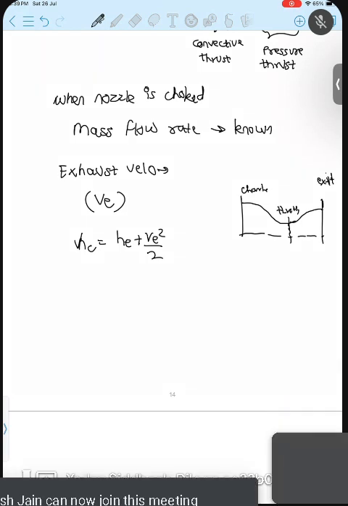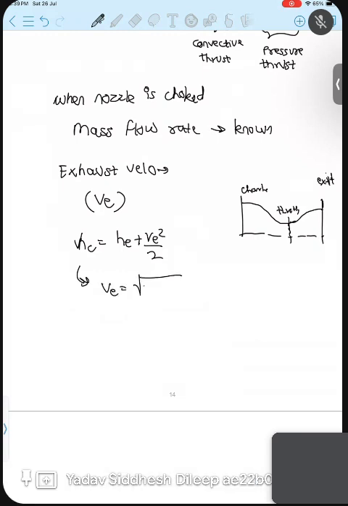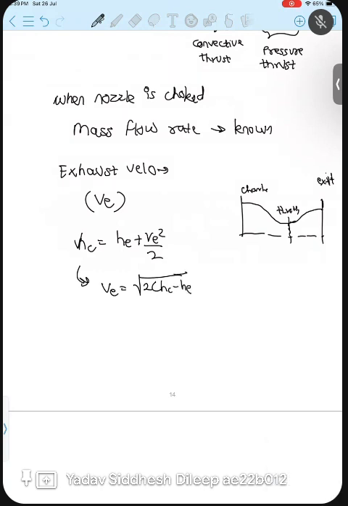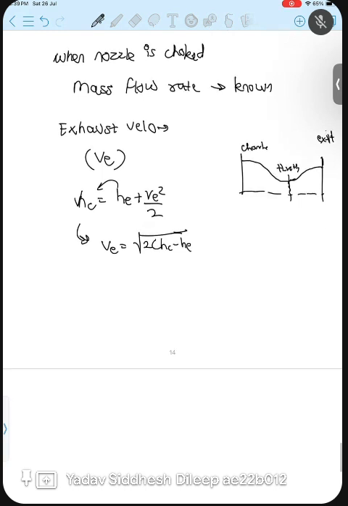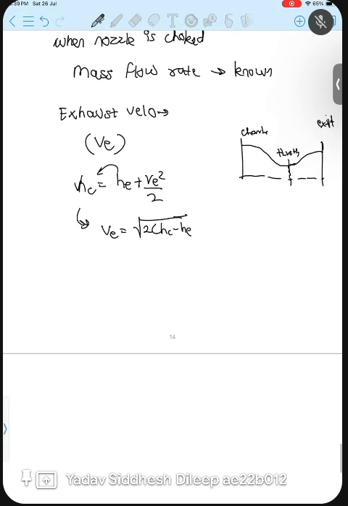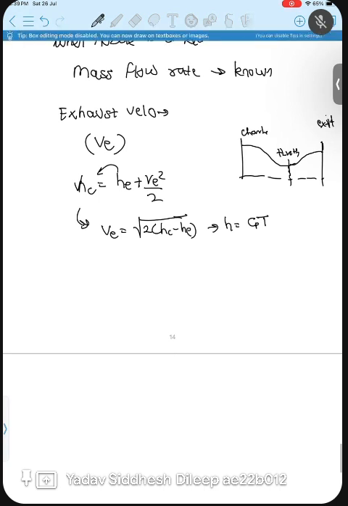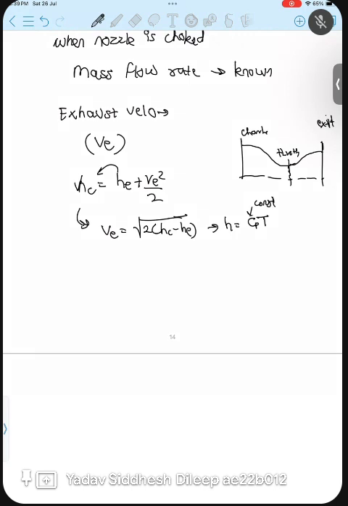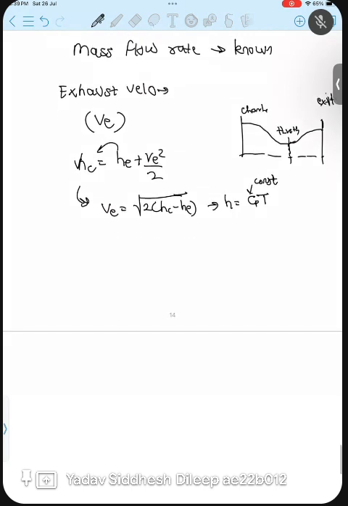If you solve this equation, you will get V exit equals root of 2 times (Hc minus He). Basically, take this He to the other side, and then take the square root. As mentioned in the previous class, H can be written as Cp into T, and we assumed Cp is constant, so thermodynamic properties are constant.